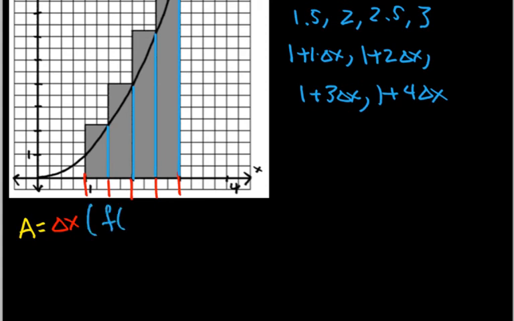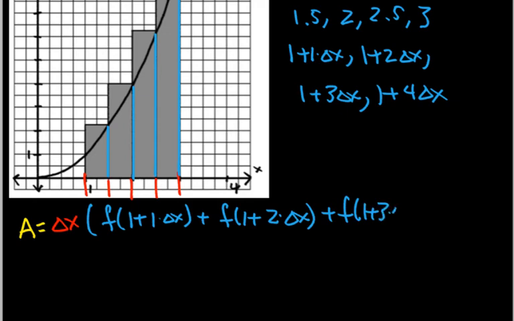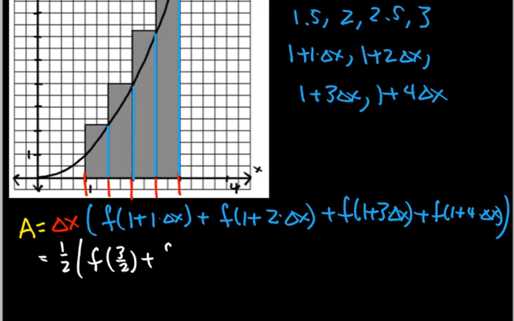Alright, so I'm just going to write this again so that we can see a pattern that's going to go on. If you're watching, you don't necessarily need to write that all completely out like I am, but just pay attention and look at the pattern that's going on. Then we end up with 1/2 times f of, now we're going to start at 3 over 2, then 2, then 5 over 2, and then 3.